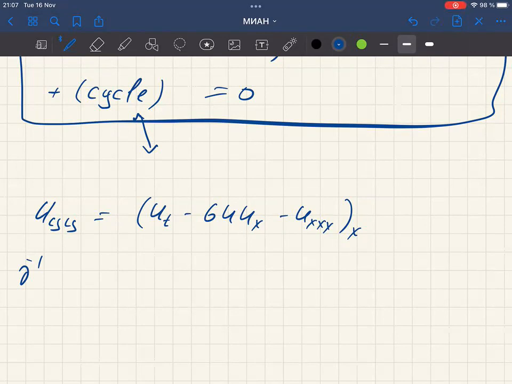We don't know how it acts. But how to find the equation for u? I want to have an equation to solve initial problems. I need to know u by t derivative, given some value of u at t equal to 0. So I need to find the u by t. Well, I don't understand.